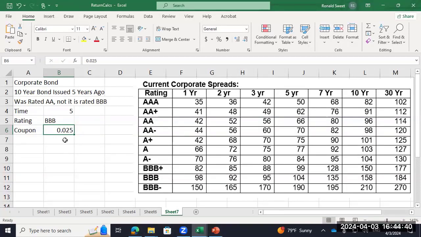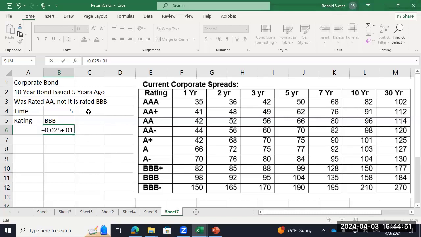Well, I don't want to load up the file. So we'll just assume they're about the same. So it was a AA bond and it was a 10-year bond. So let's say the spread was 100 basis points, somewhere close to here. So its coupon was 3.5%. So 5 years ago, what was the 10-year Treasury and what was the 10-year spread on a AA bond? All right.